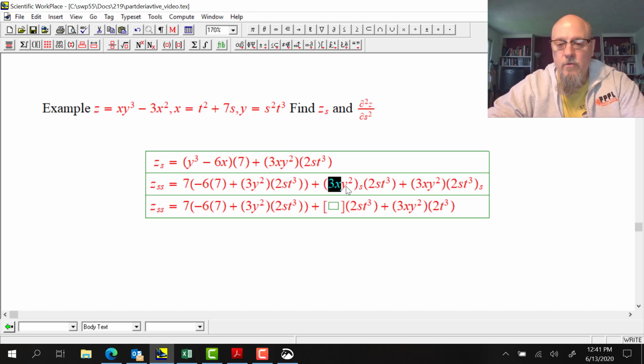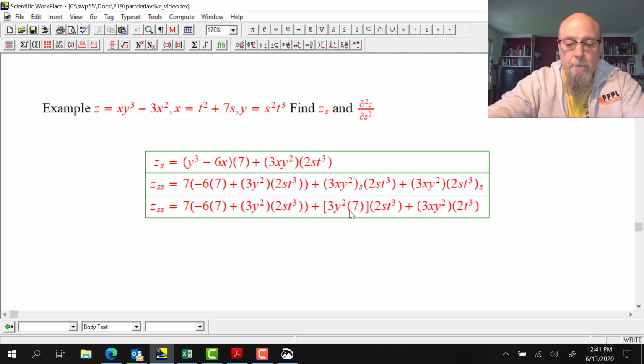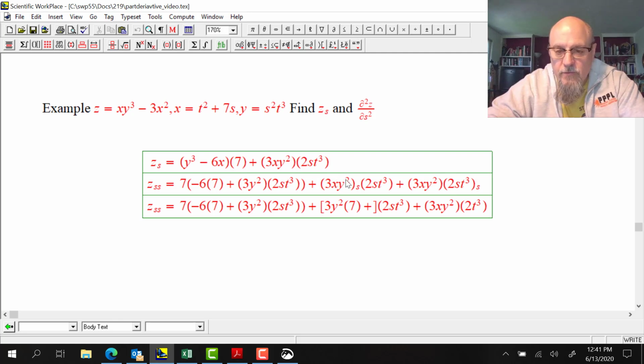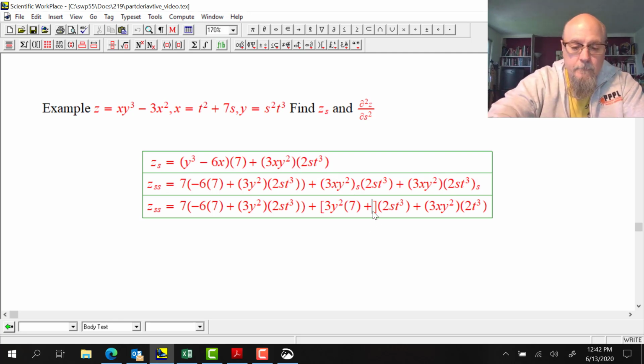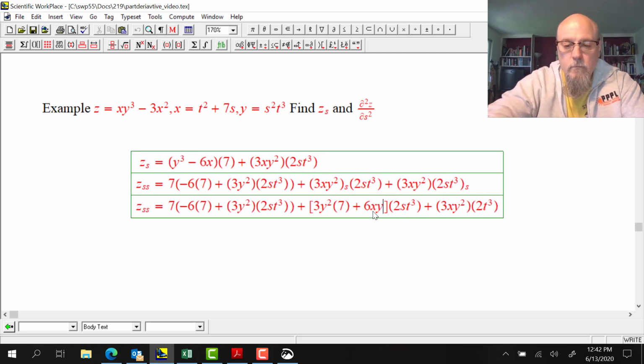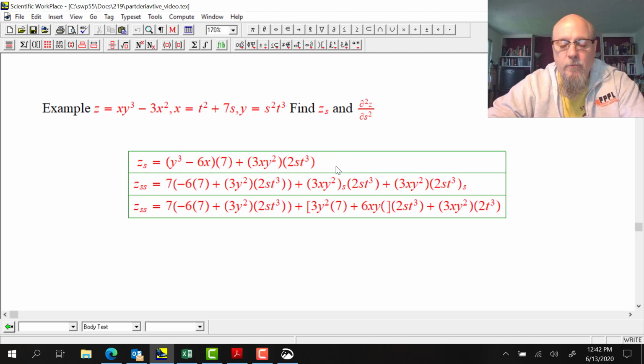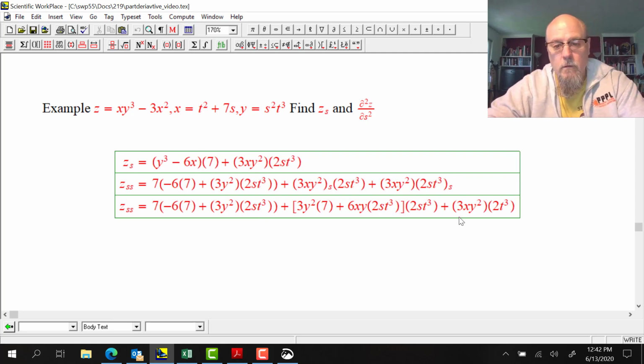So I'm going to do the derivative of this with respect to x, which is just 3y squared, times the derivative of x with respect to s, plus the derivative of this function with respect to y, times the derivative of y with respect to s. And we're set. There it is.